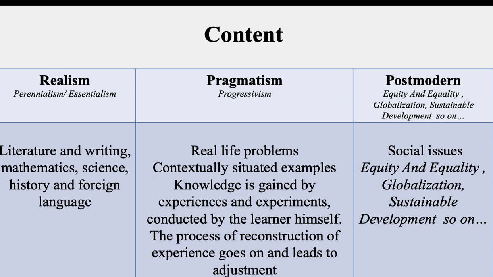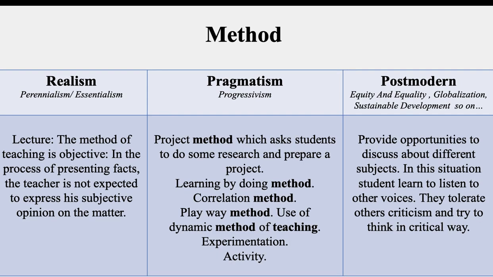So in a postmodern content, we need to have all of these things for the students to discuss, to debate, and to realize. Just give it a look: content in realism, pragmatism, and postmodern is different from each other. Definitely, it will lead to a different definition of curriculum as well.